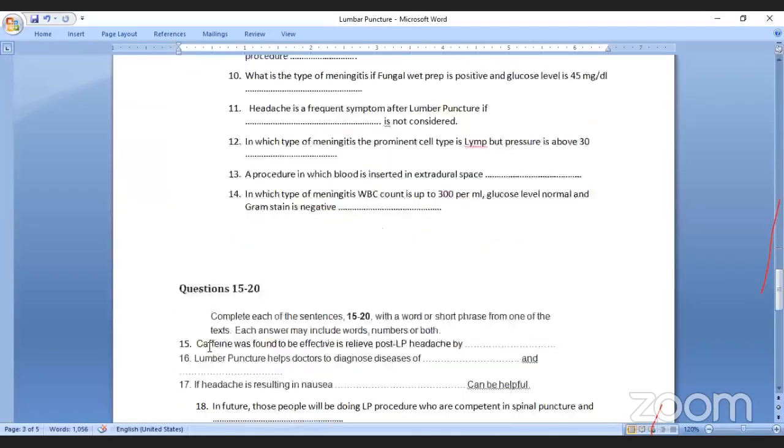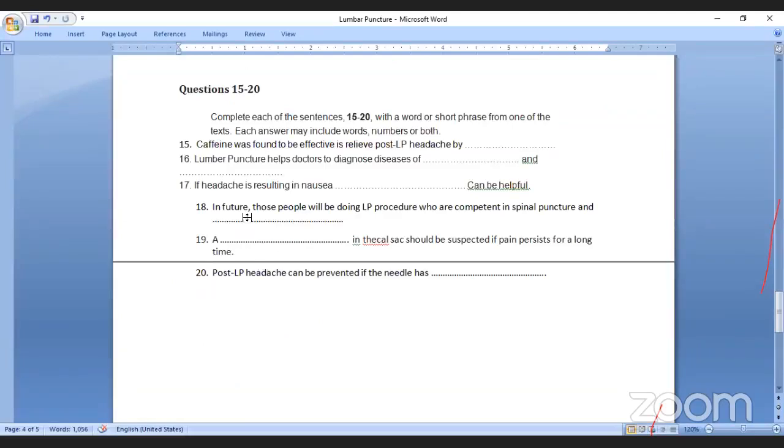So the next question. In future, those people will be doing the LP procedure who are competent in spinal puncture and dash.